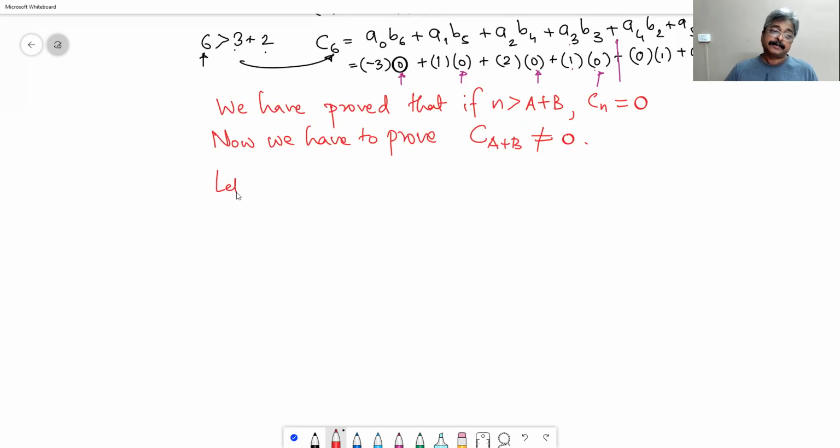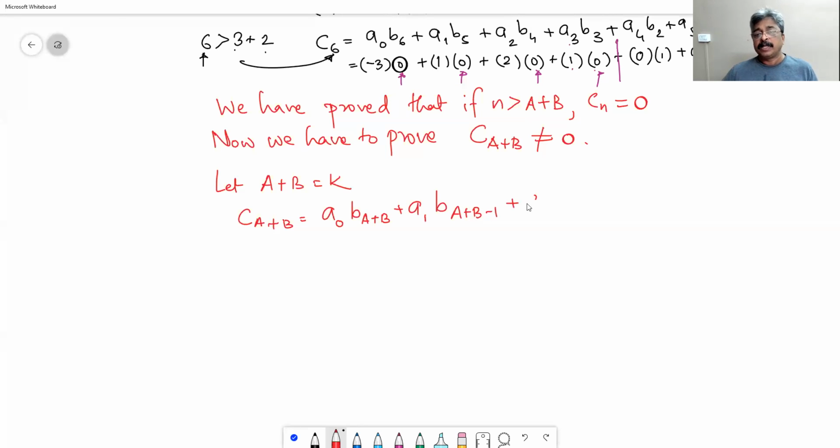Let A plus B is equal to k. Now C of A plus B, how will we write it? c_(A+B) is equal to a_0 b_(A+B) plus a_1 b_(A+B minus 1) plus a_2 b_(A+B minus 2) plus dot dot dot.